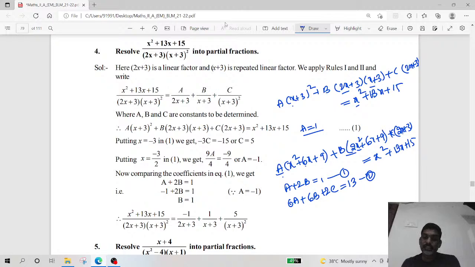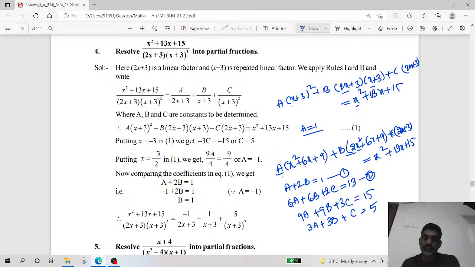And then the constants: 9a plus 9b plus 3c, which equals 15. This is nothing but 3a plus 3b plus c, which equals 5.